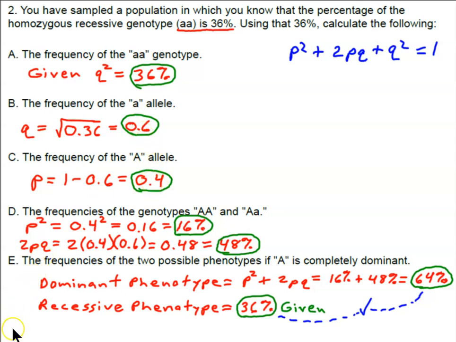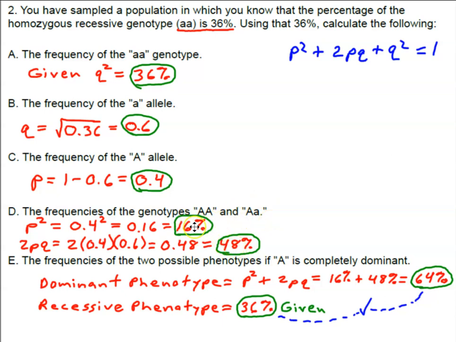It's all relative. Part D here gets into more of what we would actually be looking for in calculating, because again, when you look at an individual that has the dominant phenotype, you can't tell whether they're homozygous dominant or heterozygous. All you can see is that they have the dominant trait.